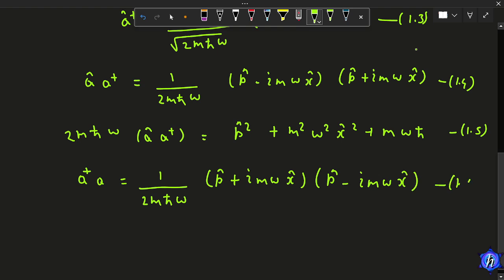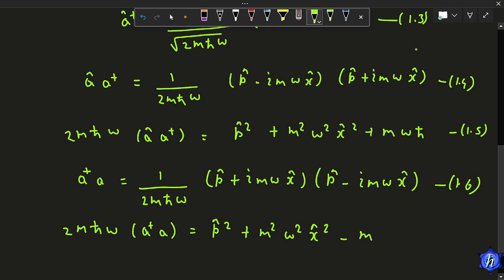This is 1.6. So I'll take the 2m h cross omega to this side and multiply out the parentheses. So we will get a dagger a equals p cap square plus m square omega square x square minus m omega h cross. So this is equation 1.7.